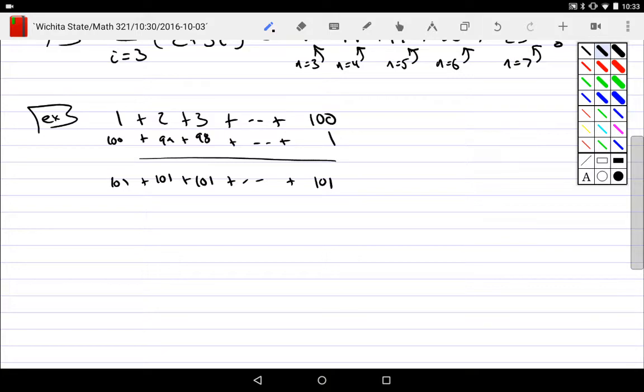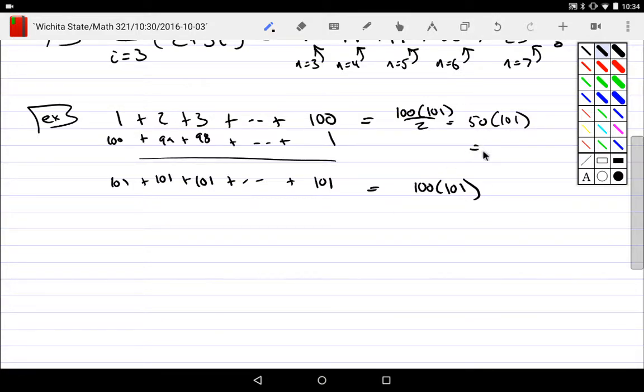There's 100 101s. So the sum itself, since that was the addition done twice, it has to be 100 times 101 divided by 2, which is 50 times 101, which is rather straightforward.